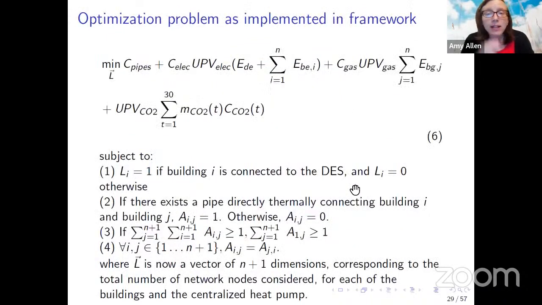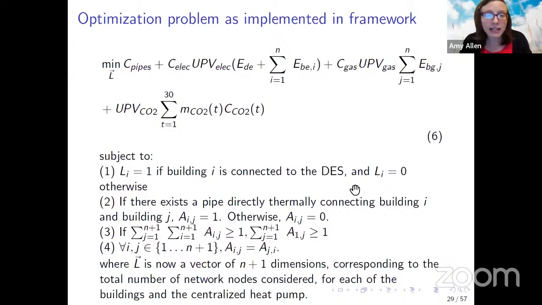This equation shows the cost function as implemented after the validation of the minimal spanning tree heuristic. The most important difference from the earlier formulation is that the dimensionality of the problem is reduced. The optimization variable now consists of a vector in which each element corresponds to the connectivity of a given building.